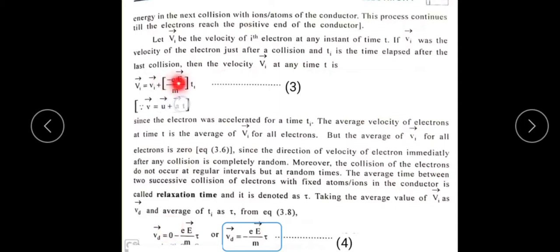Then minus e divided by m stays as it is, and instead of t we take the average time tau. So vd is equal to minus capital E e divided by m into tau. This is the expression for drift velocity.